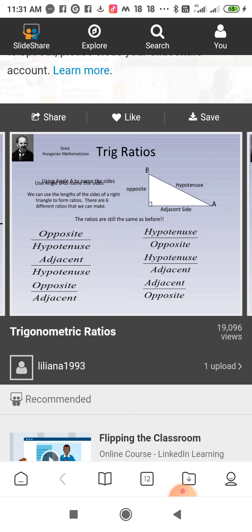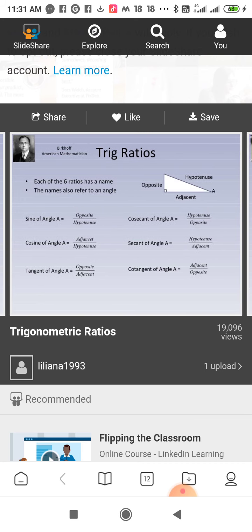First is opposite side upon hypotenuse, another is adjacent upon hypotenuse, third is opposite upon adjacent, and next, just the vice versa of these: hypotenuse upon opposite, hypotenuse upon adjacent, and adjacent upon opposite. So there are six ratios of the sides of a right angle triangle.